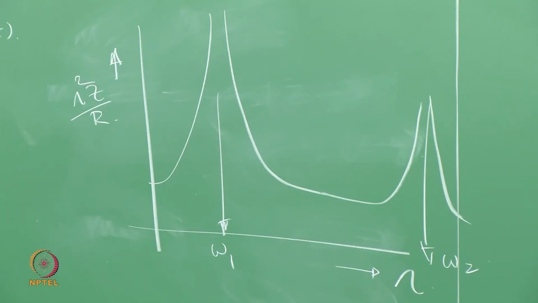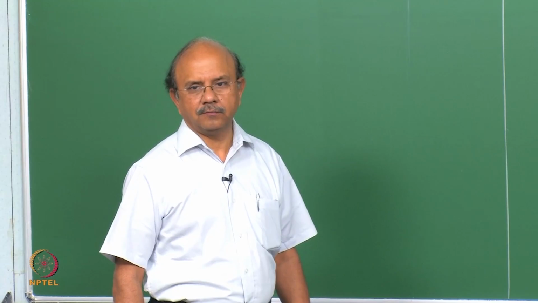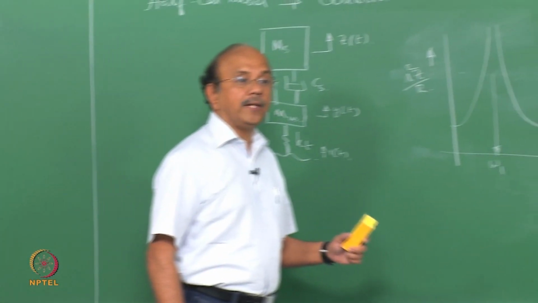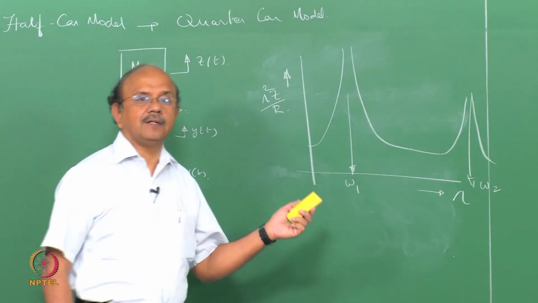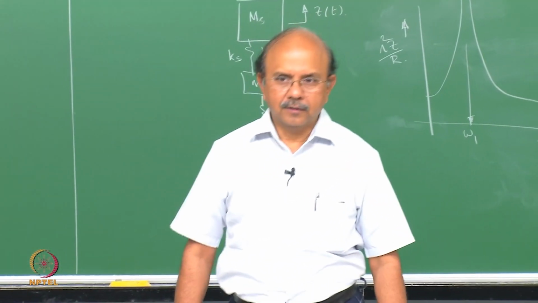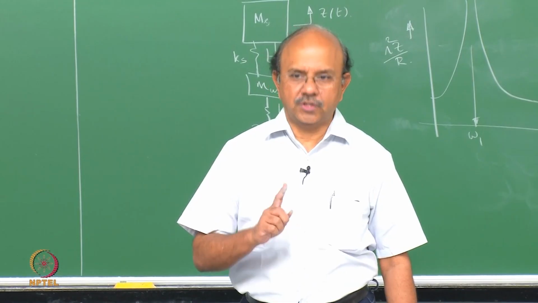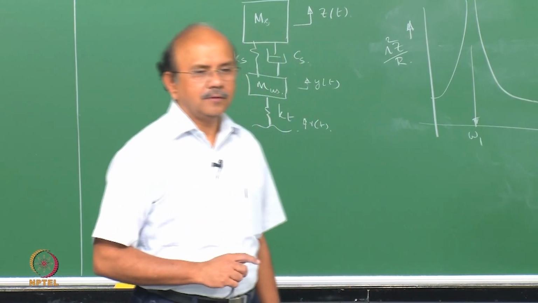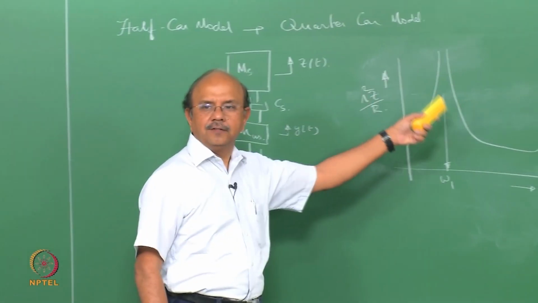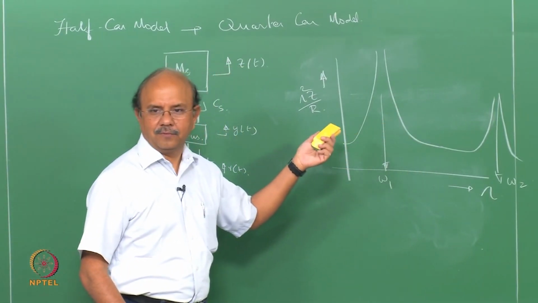Okay. Those are the two places where you are going to have trouble. Now, when I introduce damping, then this curve is going to change. Obviously, all of you know that this won't be infinity, and it will come down, right?